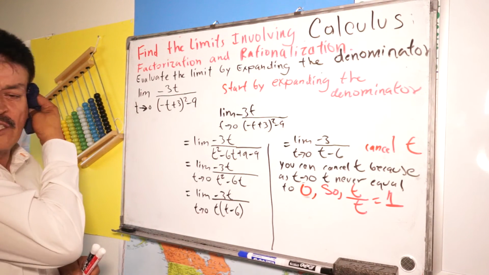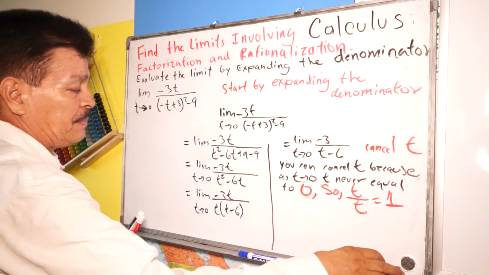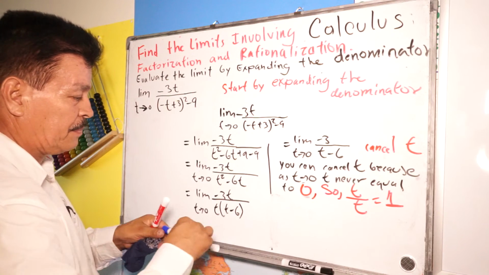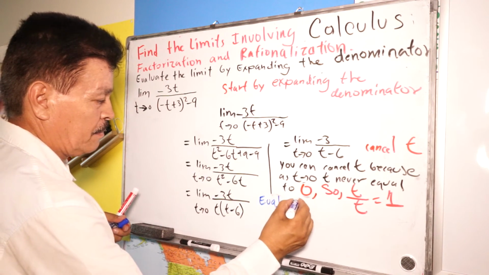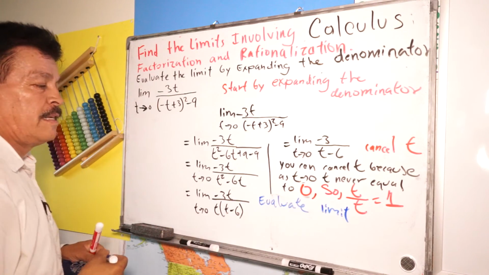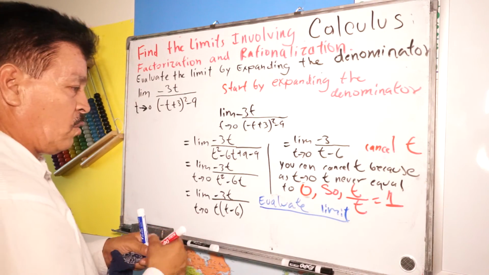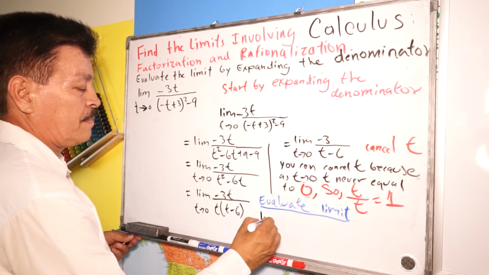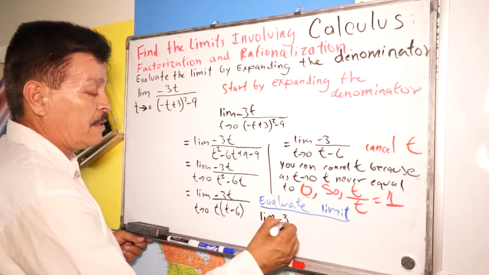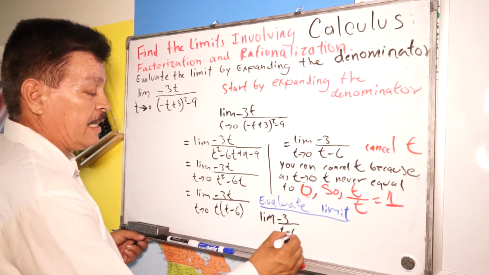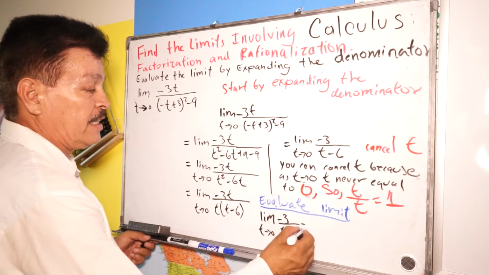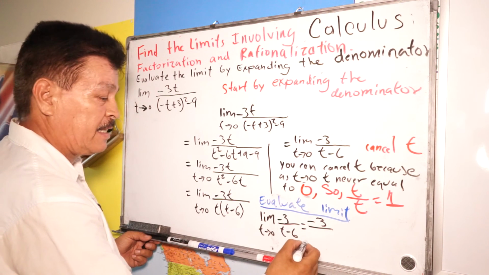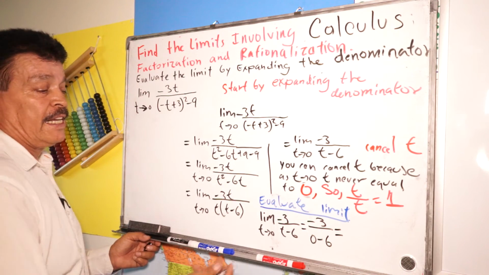Okay, very important. So now evaluate the limit. The limit of negative 3 divided by t minus 6 when t approaches 0 equals negative 3 divided by 0 minus 6, so negative 3 divided by negative 6.